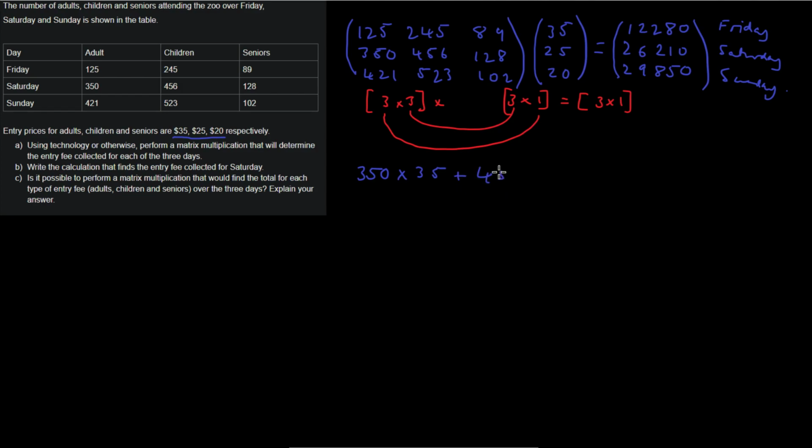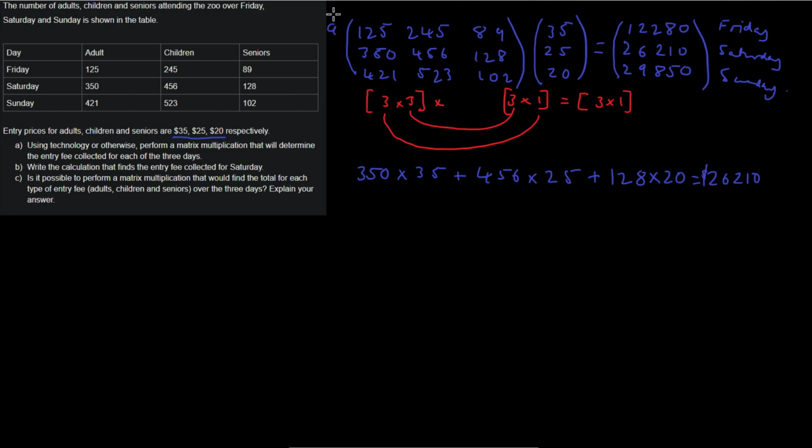We've got 456, and they have to pay $25. And seniors are cheaper than children. And 128 times 20. And if we multiply and add all these up, this is for the Saturday, you'll get $26,210.